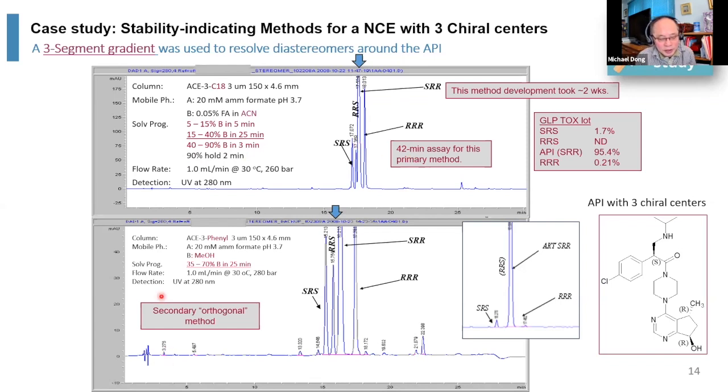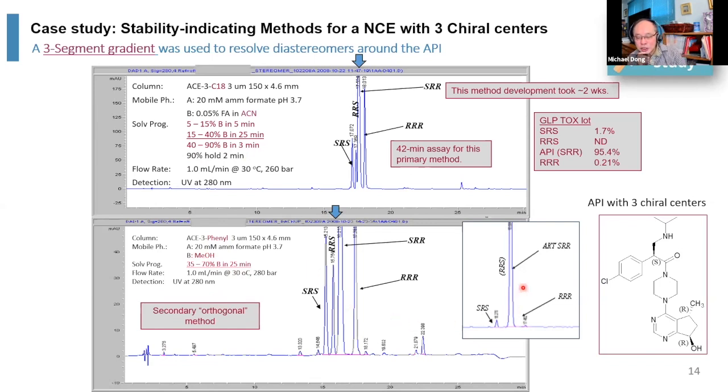I also developed a secondary orthogonal method to make sure that I have nothing hidden underneath the API peak, right? So we talk about that later on. What is an orthogonal method? That is using a phenyl column with methanol, with a different solvent gradient, right? So this gives you better resolution around the API peak.